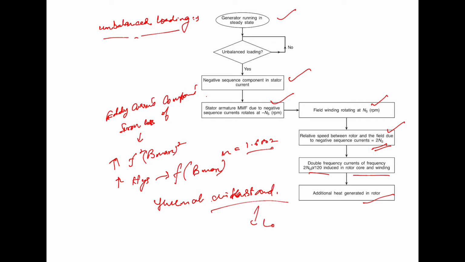The rate of heat generation is proportional to I square R, while the heat energy is proportional to I square R into t, where t is the time.